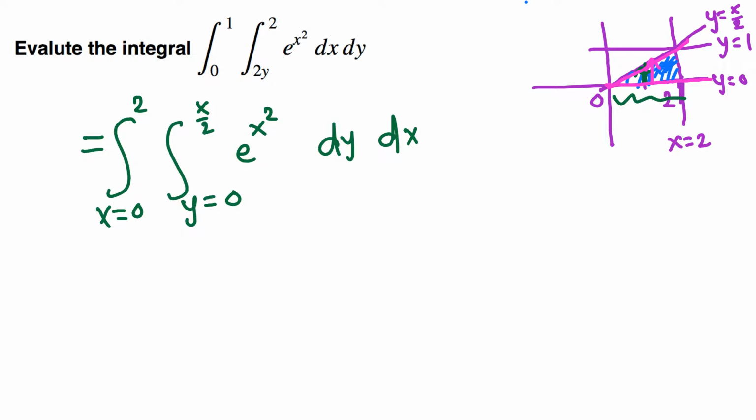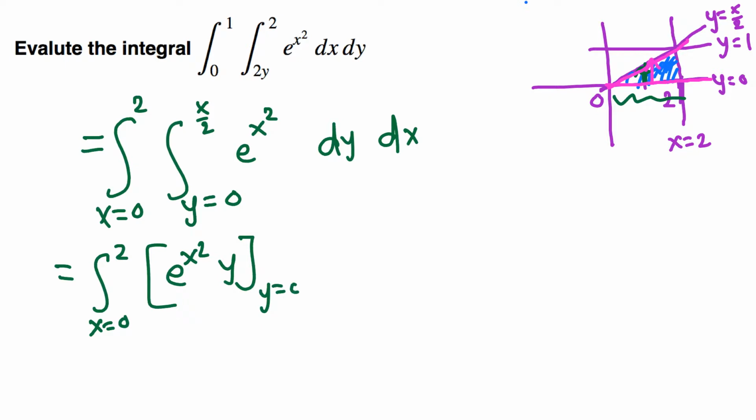So this is the same as the integral from x equals 0 to 2 of the antiderivative of e^(x squared) with respect to y. It's just like a constant, so e^(x squared) survives, times 1, and the antiderivative of 1 is just y, and we need to evaluate from y equals 0 to x over 2, and we have dx, with x from 0 to 2.